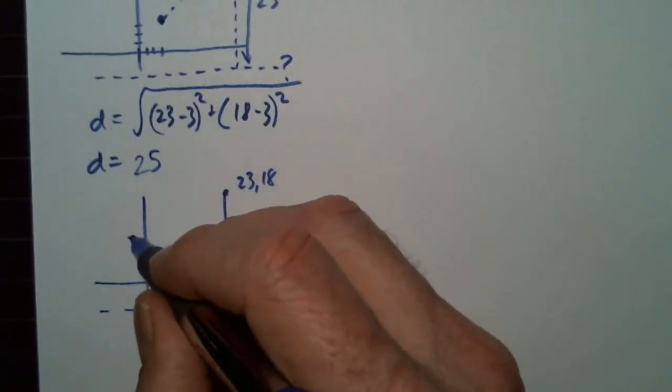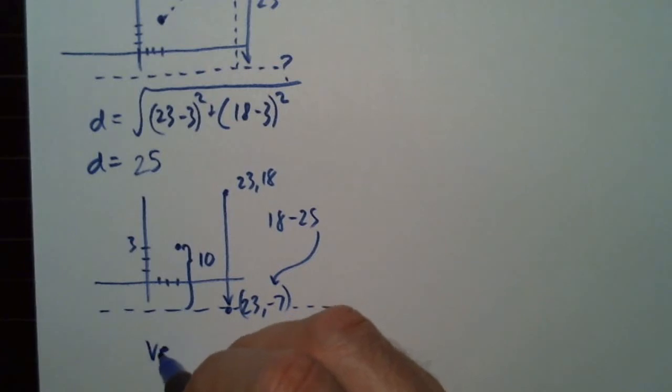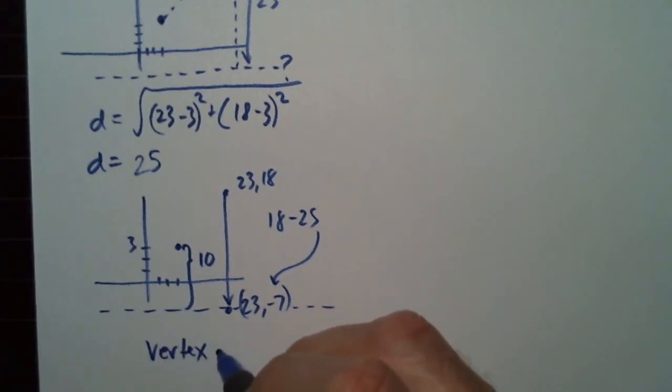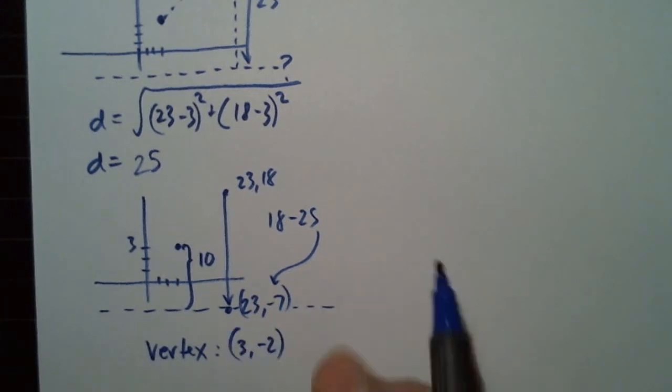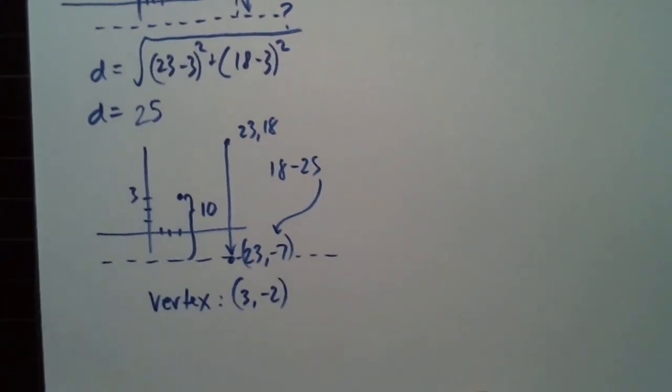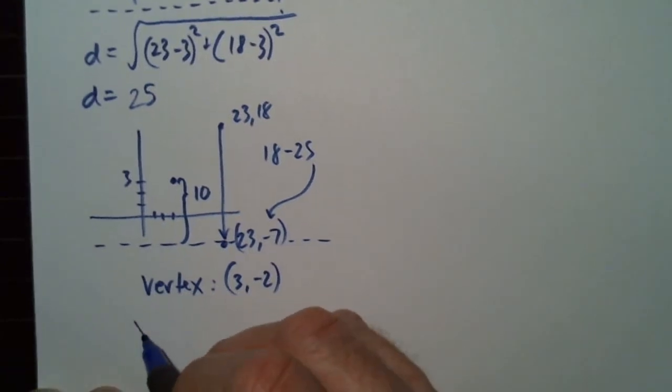That means that halfway between would be down 5 from there. So if we start at 3 and we go down 5, we'd be at -2. So the vertex is (23, -2)... over 3, down 2. And then we can write the equation.